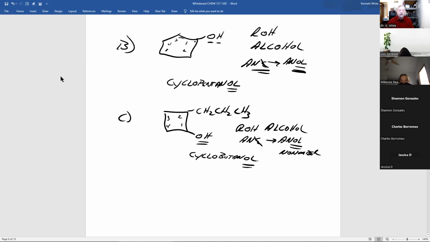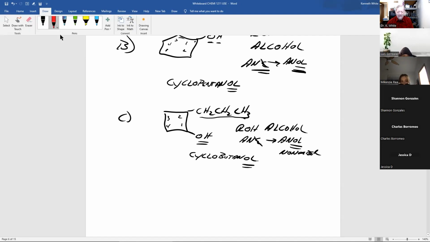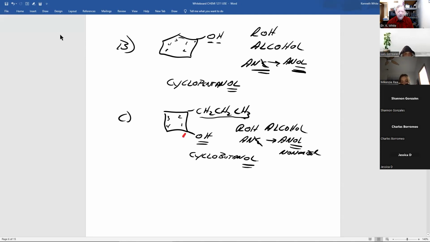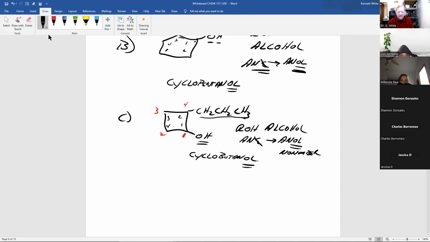So it's cyclobutanol, and I have an N-propyl group here, and you number it in such a way that the hydroxyl group is always 1. If I went the other way, it would be on 4. So you have either 2 or 4, and hopefully all agree 2 is smaller than 4.